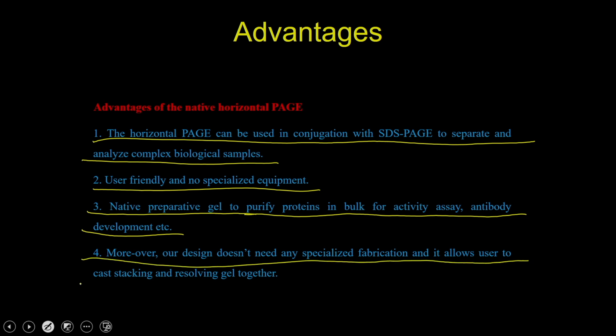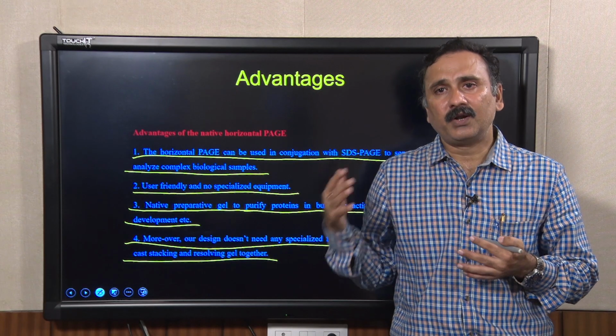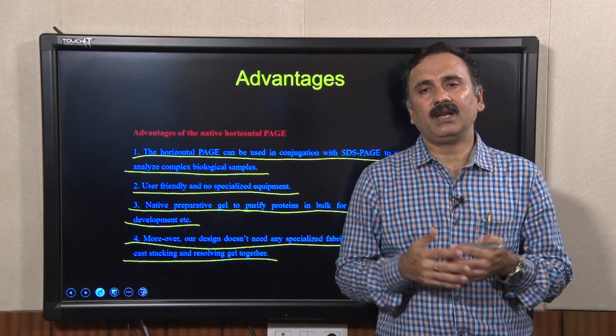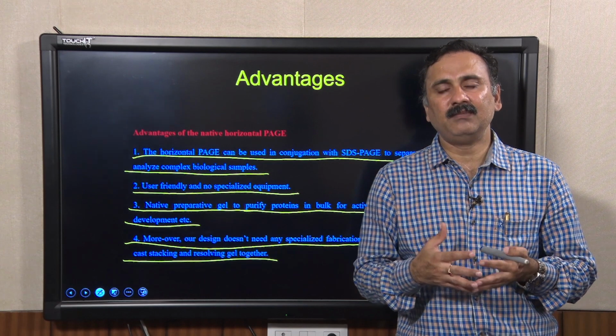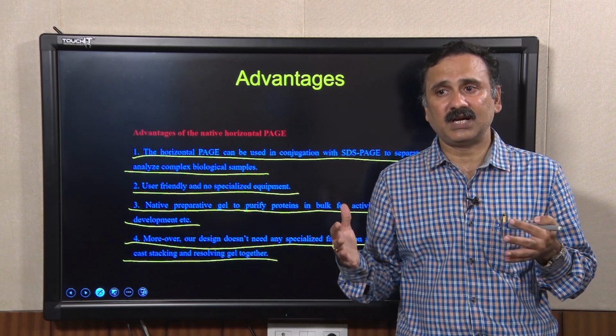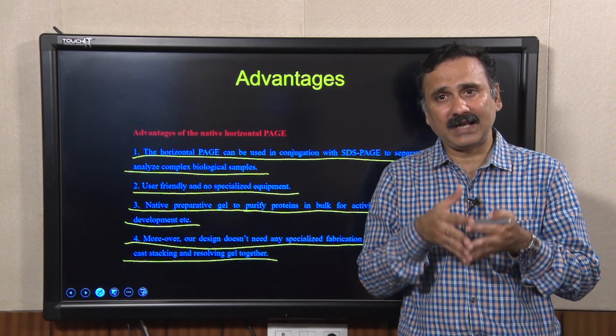It allows the user to cast the stacking and resolving gel together, which means the horizontal PAGE is giving you many advantages, where you can resolve the proteins of positive as well as negative charge which are present in the sample together.